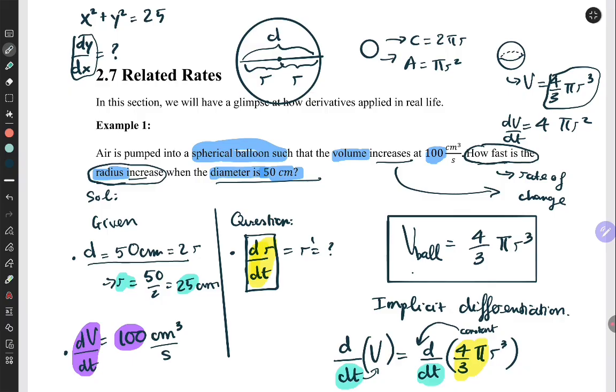That number 4 eventually gets cancelled when you do math in Calc 3. In other words, when you take the derivative of a 3D object, it returns the 2D object. 3D returns you 2D.